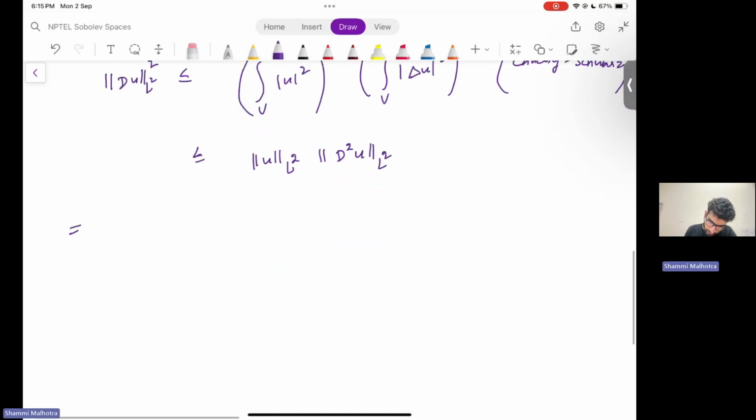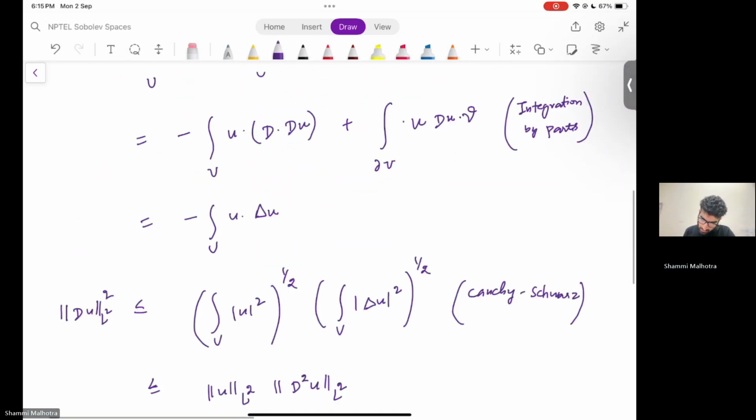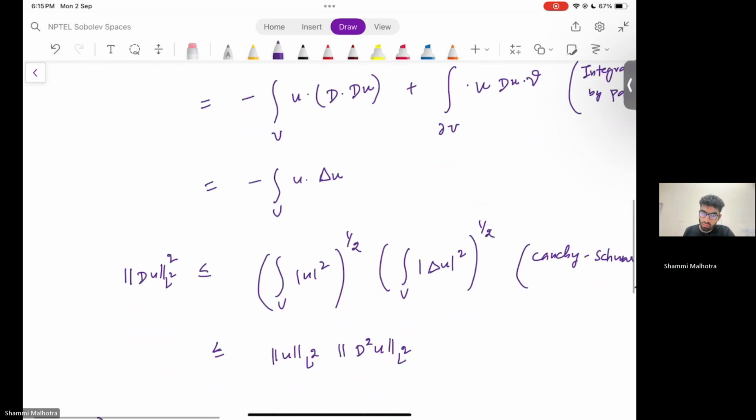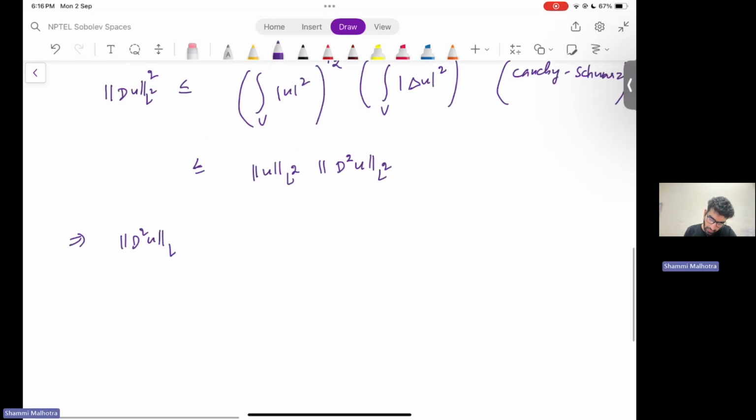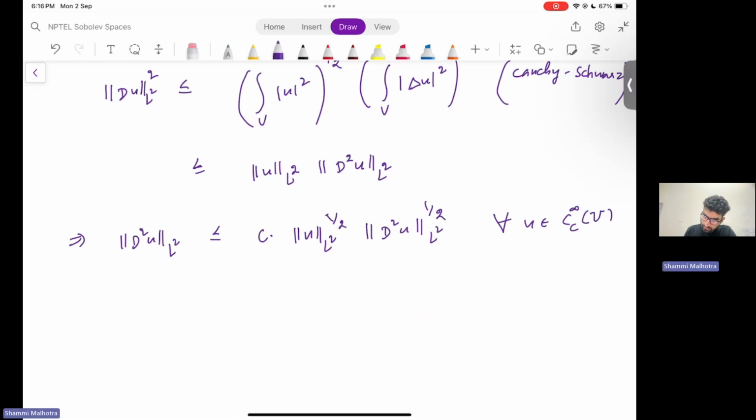Ultimately, this implies that the norm of Du in L2 is less than some constant times the norm of u in L2 to the half, and then the norm of D2u in L2 to the half, for all u in C_c infinity of U.